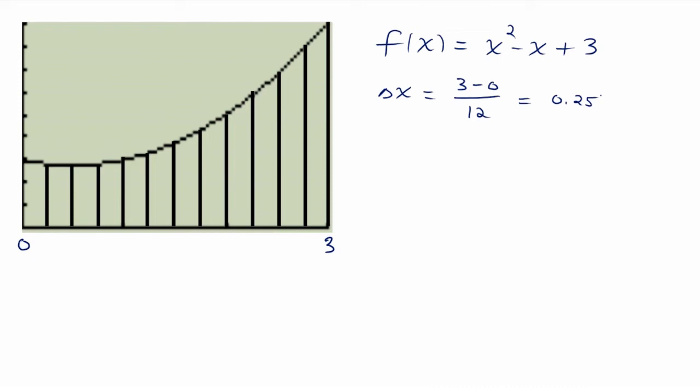So here we go. The area will equal, what's the width of the first rectangle? 0.25, and we're going to multiply that by the height of the first rectangle, which we'll obtain by plugging the midpoint into the function. Well, that midpoint is 0.125. So we'll take 0.25 times f of 0.125.